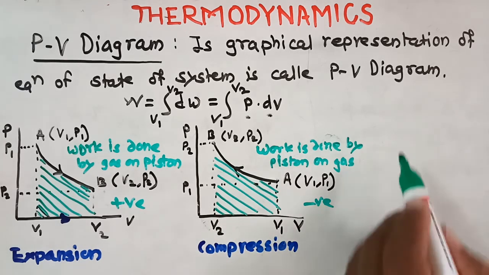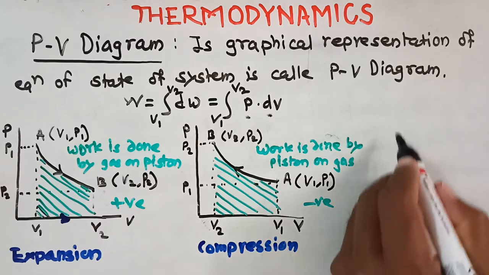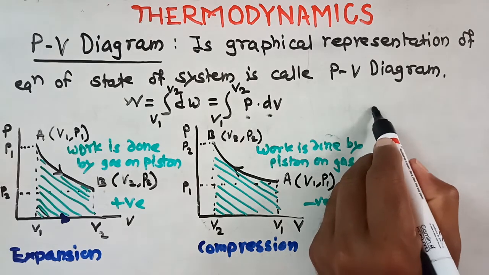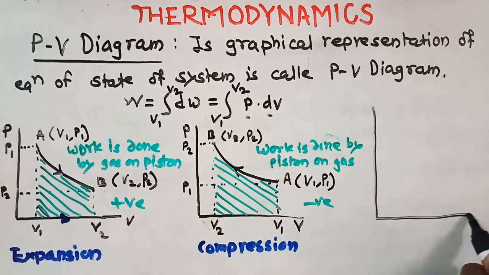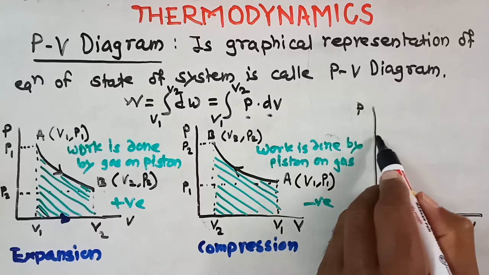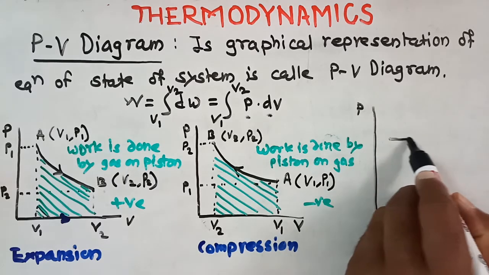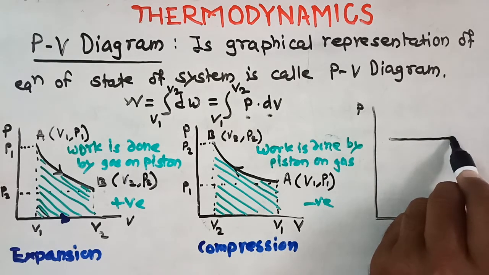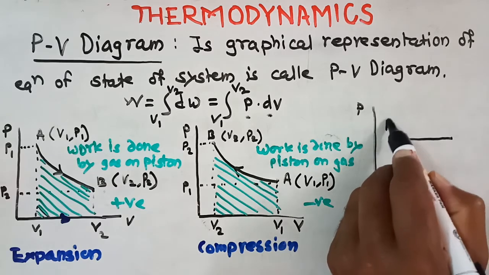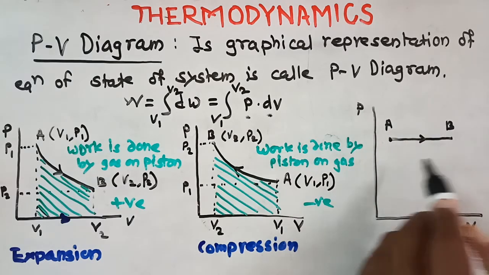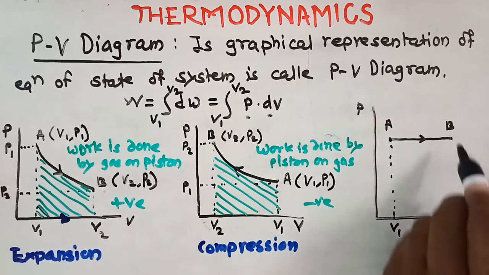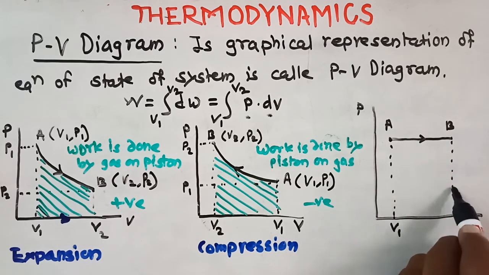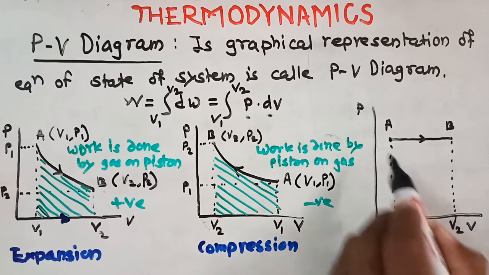Now let us consider a third case. In this third case, suppose we are having the same PV diagram. This is P and this is V, but in this case, suppose the pressure is kept constant. Suppose this is the initial state and this is the final state. The initial volume is V1 and the final volume is V2.